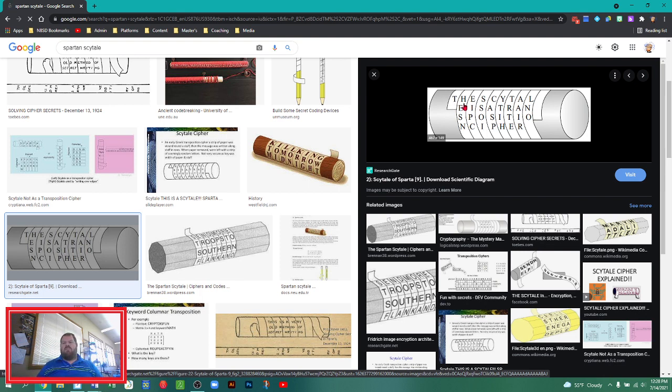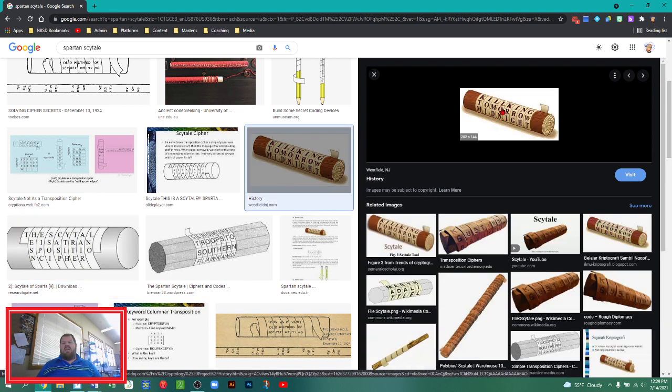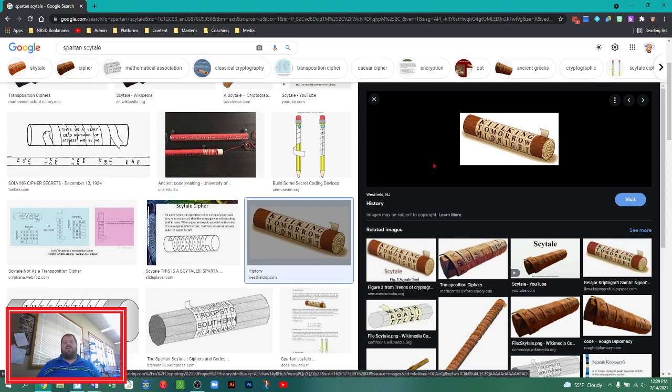It says here that the scytale is a transposition cipher, and you have to read one line after another. When it's all said and done, this one says, kill king tomorrow midnight. It shows you a plain text message, but if you're just transporting that piece of leather, think about what those letters would be like along that strip.